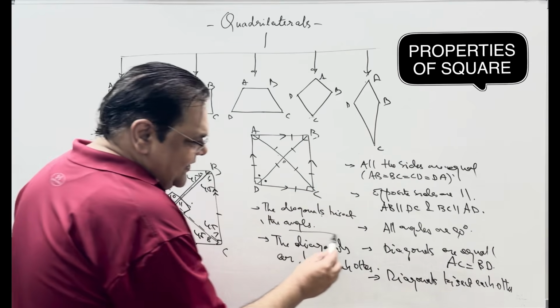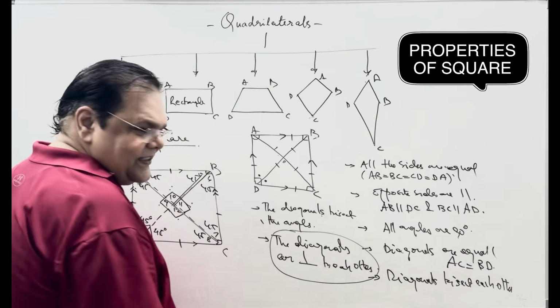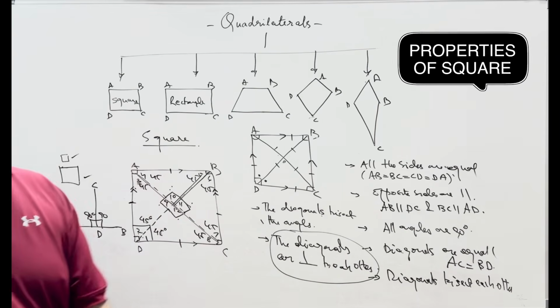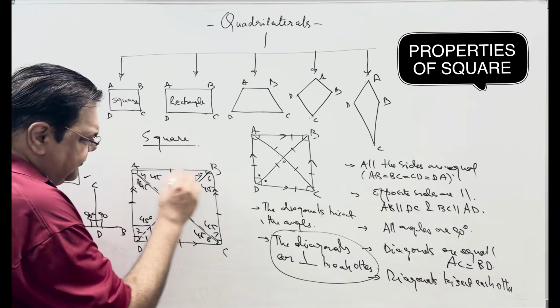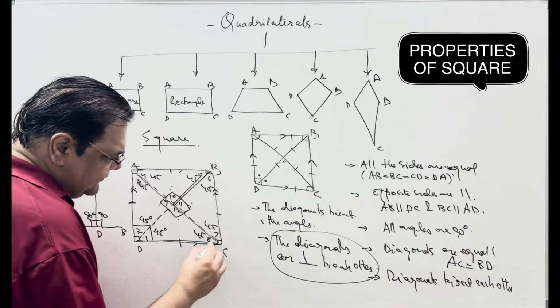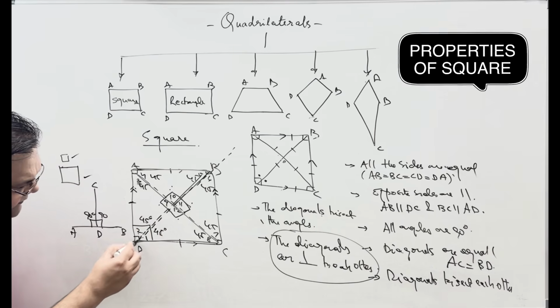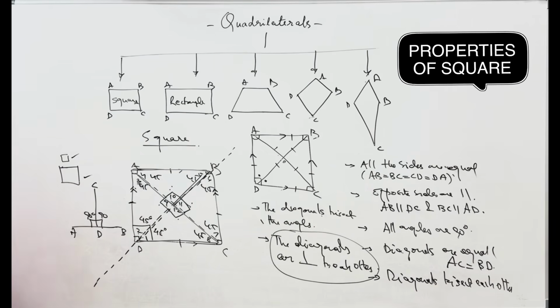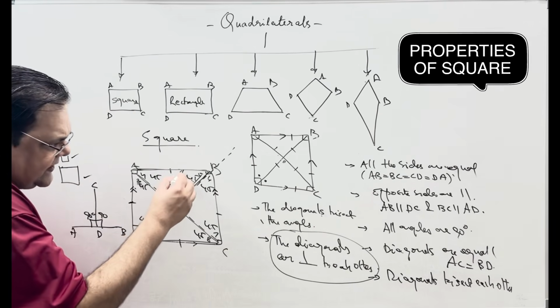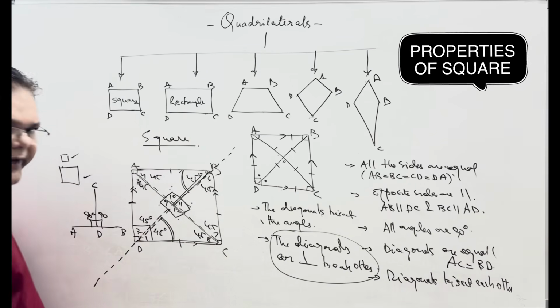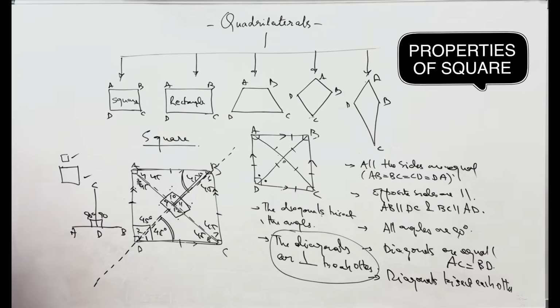This is very important because in many quadrilaterals, you will find some have this property, some don't. This is parallel to this. So this is a transversal. So this angle and this angle, these two angles are interior opposite angles.